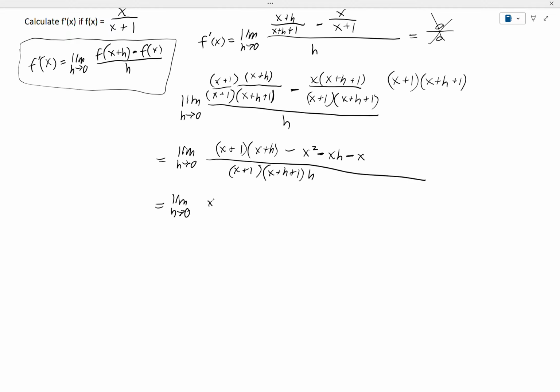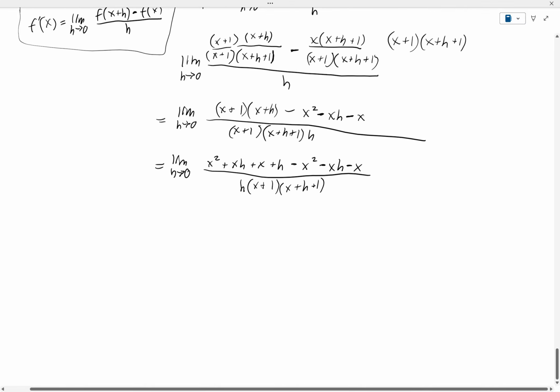So this becomes x squared plus xh plus x plus h. And I'm just tacking on whatever was left after that. That's all over h times x plus 1 times x plus h plus 1.